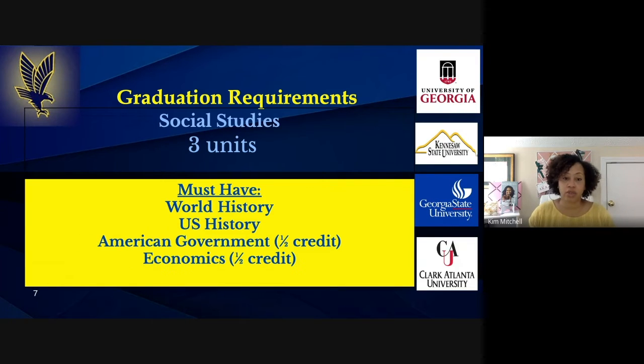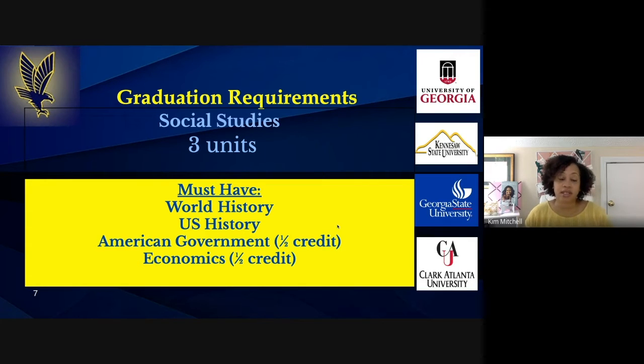Moving on to social studies. You must have world history, U.S. history, and Gov Econ. Most students take Gov Econ their senior year. It's 9 weeks of government and 9 weeks of economics. So you have to have these 3. Some students take world geography or AP human geography their 9th grade year, but those are not considered social studies requirements.